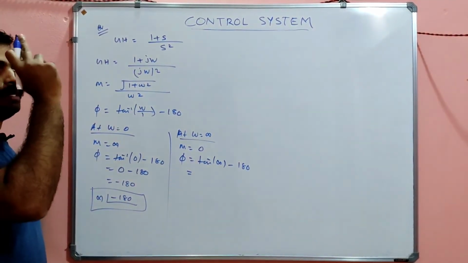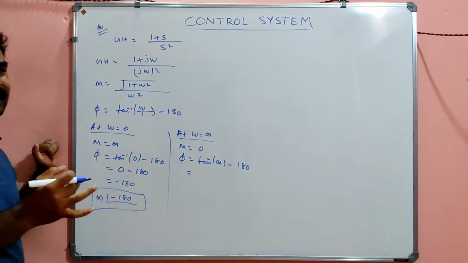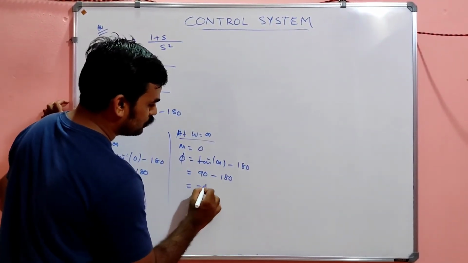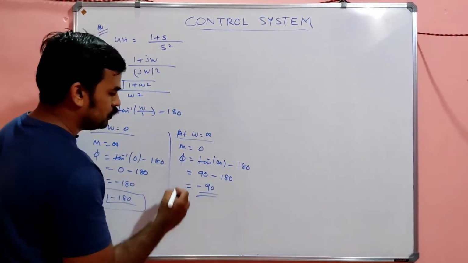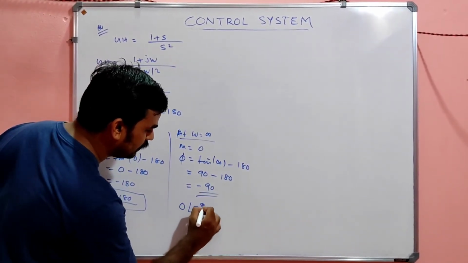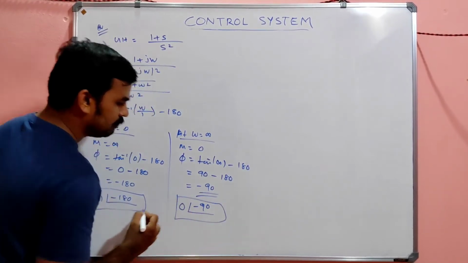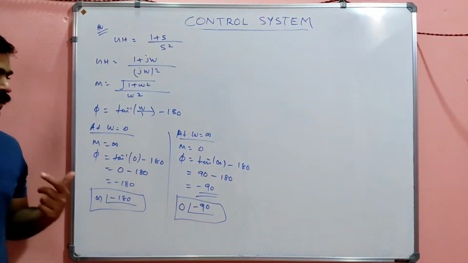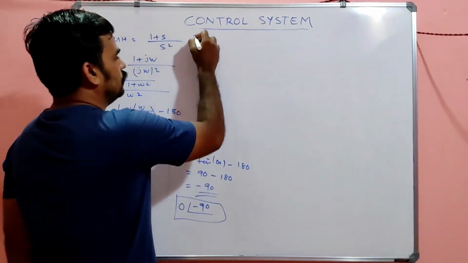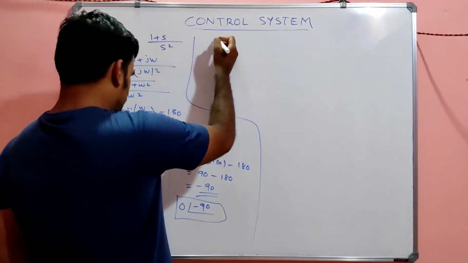Infinity angle will come only when sin 90 by cos 90, am I right? So 90 minus 180, so minus 90. So the magnitude versus angle is represented as 0 angle minus 90. See, different questions you have to practice, then only you will be mastered in your concept.